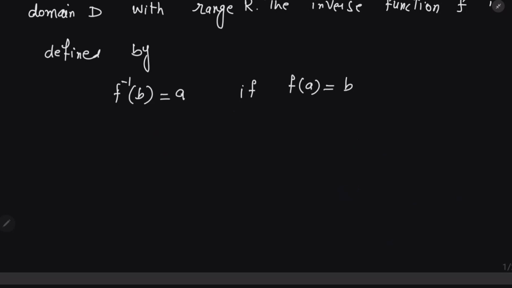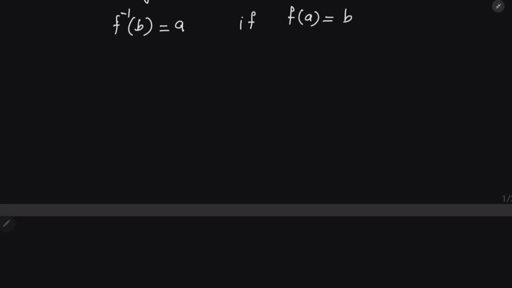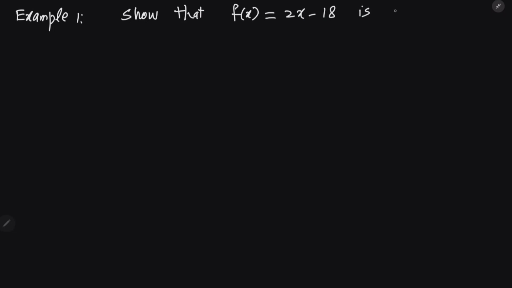Now we want to learn how we can find the inverse function. So example 1. Show that f of x is equal to 2x minus 18 is invertible.